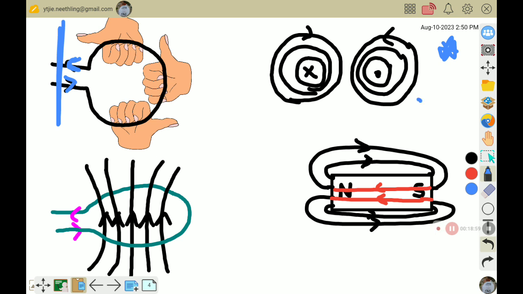So this one is out and this one is in. You use your right hand rule, you will see the direction of them and they are pointing towards each other, and that means they will push each other away from each other at that point. So can you see the circles will get closer and closer together there and then further out on the outsides. Okay.